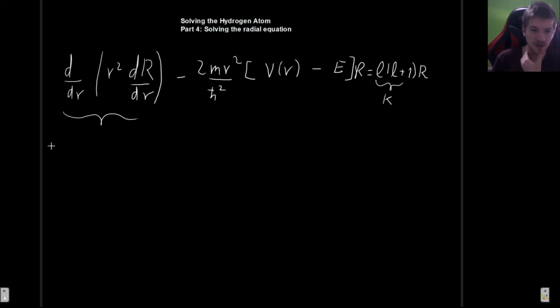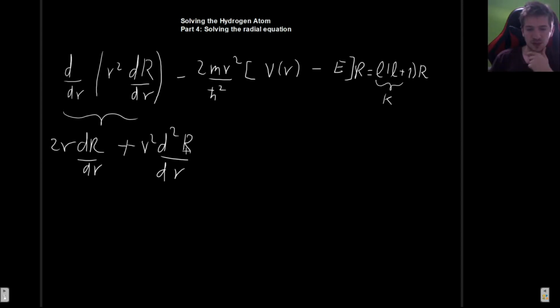If we take this derivative, we get 2r dR/dr, and because of the product rule, plus r squared d squared R/dr squared. All of the rest is going to be the same.